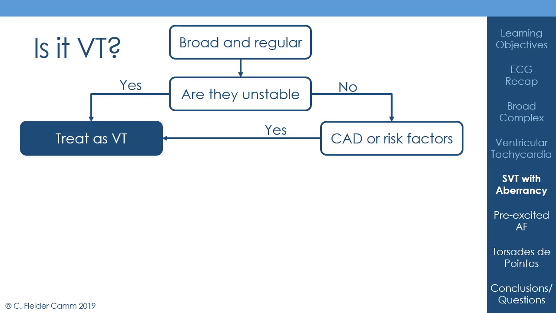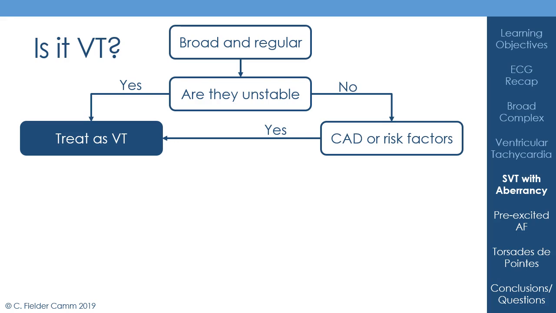And the reason why I'm being cautious, and you'll see the rest of this flowchart, I'm very cautious saying that you should treat most things as VT, is simply that if you treat a supraventricular tachycardia like ventricular tachycardia, it will still work to get them out of that abnormal rhythm.